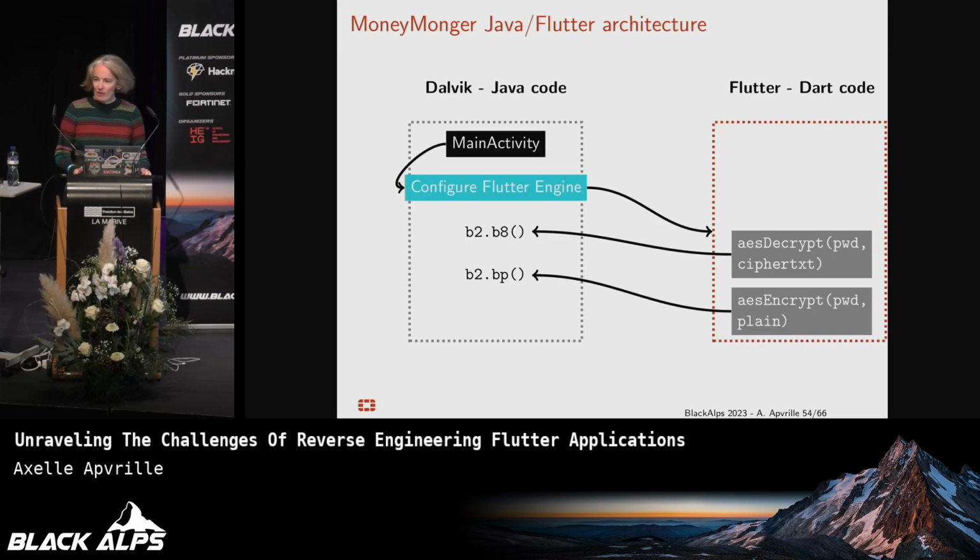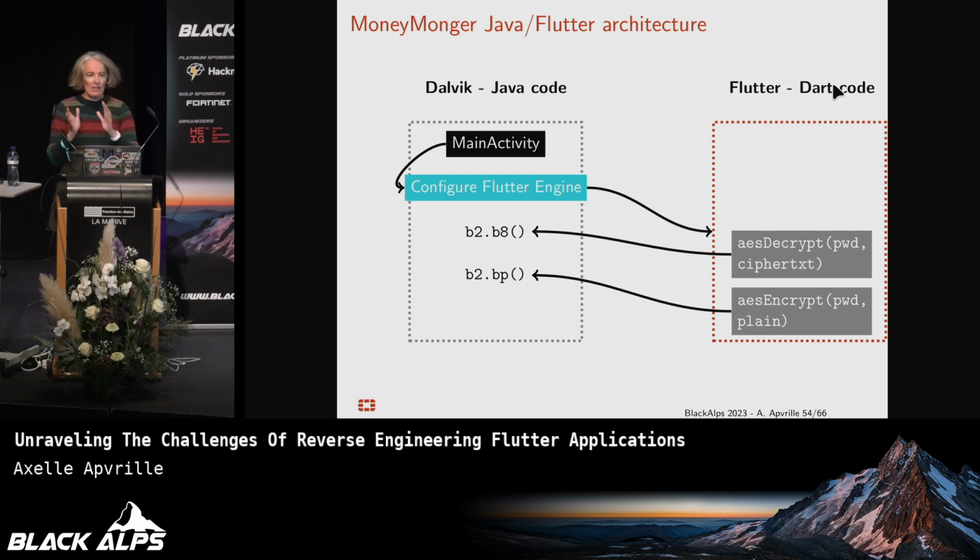If we look at this code, the architecture is actually in two different parts. You've got part of it written on the Dalvik Java side, and part of it which sits in Flutter.